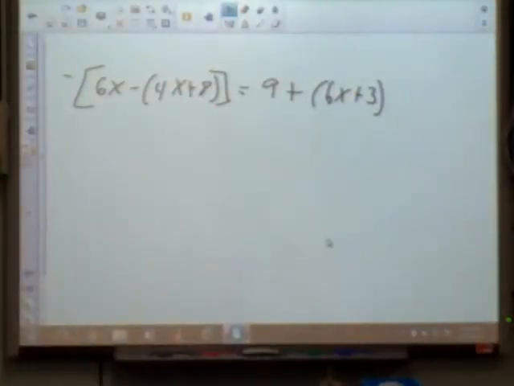Where'd I mess up? You would now subtract 12. If you add it, you didn't get rid of it.